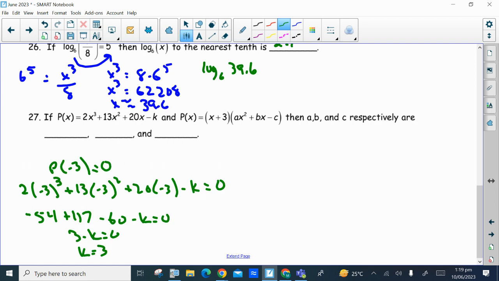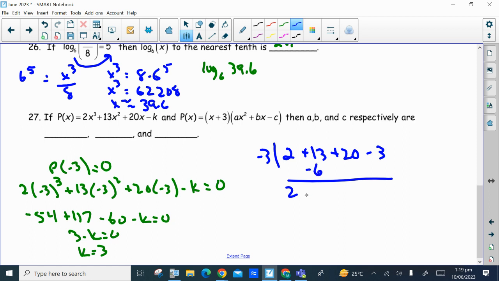So if we actually divided p of x by x plus 3, then with our correct k value in there, we'll get the quadratic that's left. That'll be the coefficients at the bottom. But instead of dividing by x plus 3, we normally change to x minus 3 so we could add as we went along. So we multiply and add.